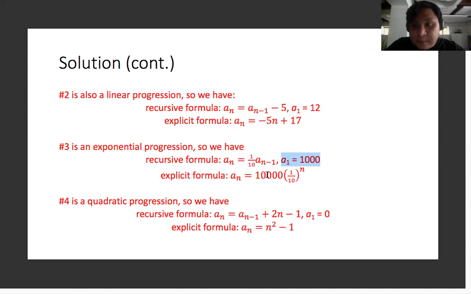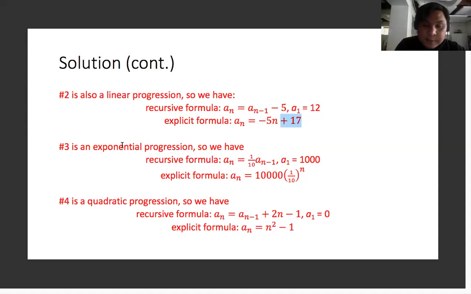Remember, for the explicit formula, this one is based from the form y is equal to mx plus b, and b is the y-intercept. So it requires the 0th term for the b part. So this one should be the 0th term. Next week, when we start focusing on arithmetic and geometric progression, we will not bother so much with the 0th term.